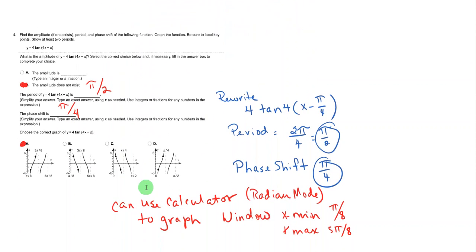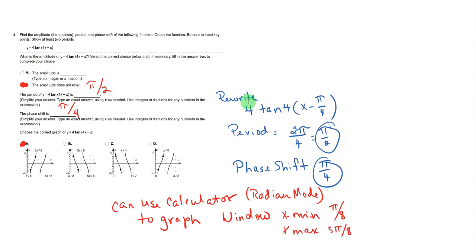Number 4. 4 tan 4x minus pi. Now, amplitude, if one exists, remember, tangent can't have an amplitude because its range is all real numbers. So anytime you're asked to find amplitude and you're talking about tan, the amplitude does not exist.